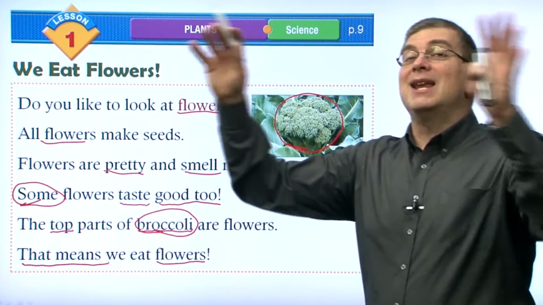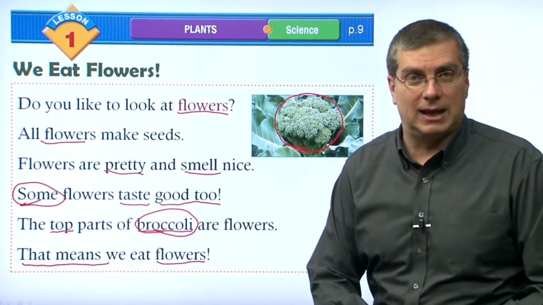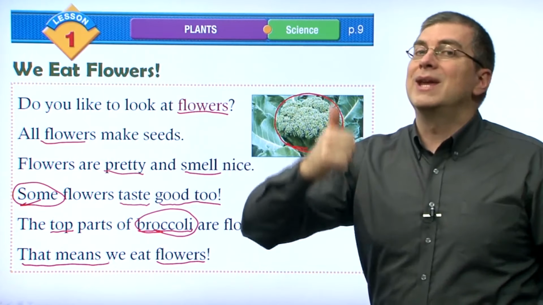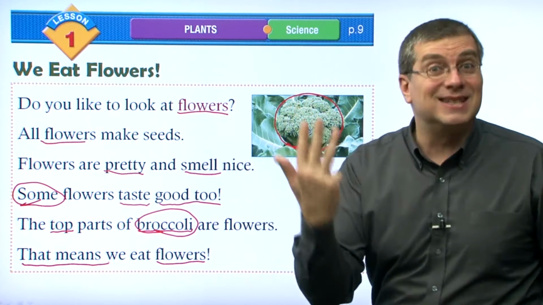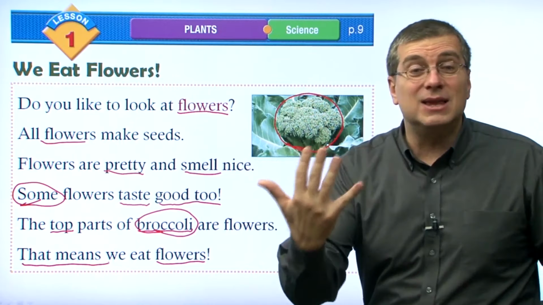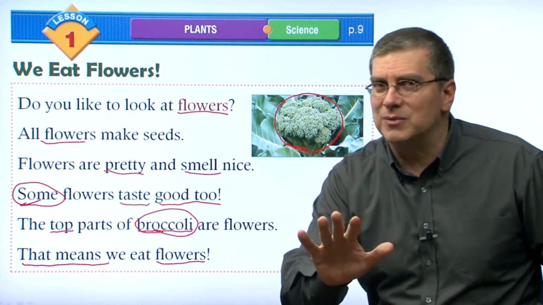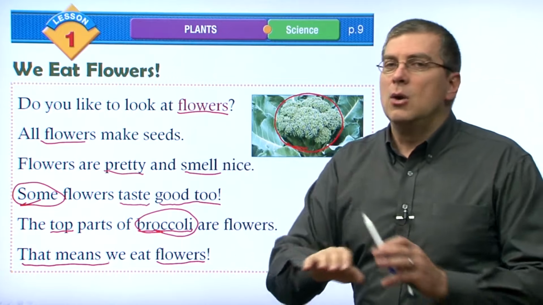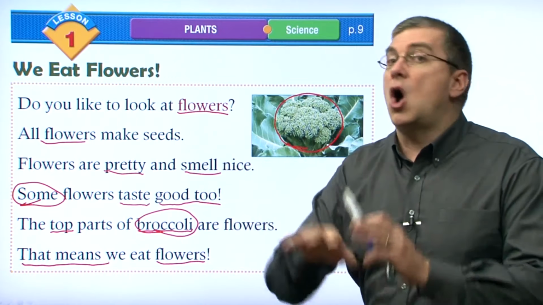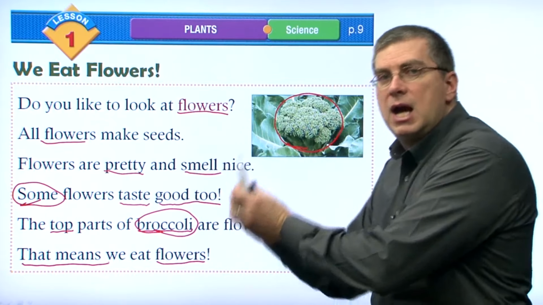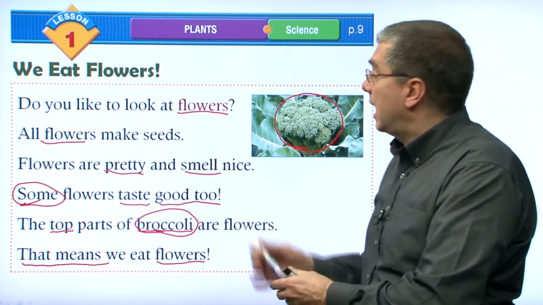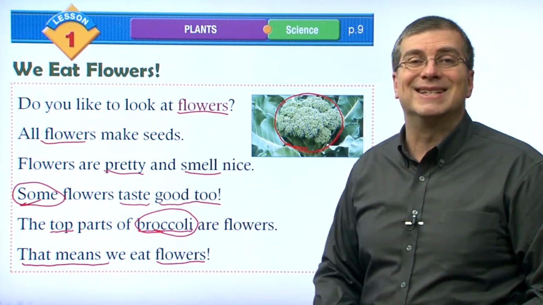So you see, we eat all parts of the plant. We eat the roots, we eat the stem, we eat the leaves, we eat the seeds, and we eat the flowers. Sometimes, not always. We don't eat all parts of all plants. We only eat different parts of different plants. And we can see many different examples.